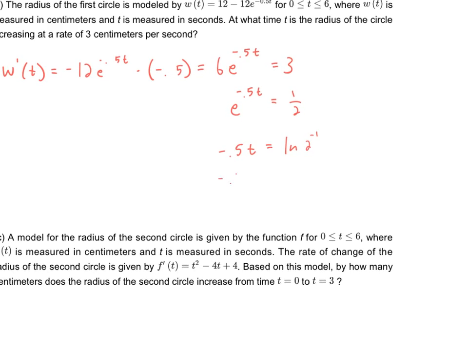That way we can bring the negative 1 out, and then these negatives go away. And then times both sides by 2. So you get t equals 2 ln 2. And you could rewrite this as ln 4. That would be the simplest way to write it.